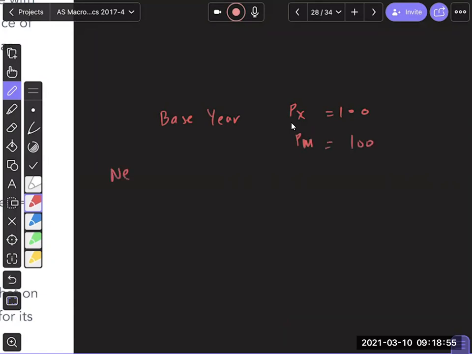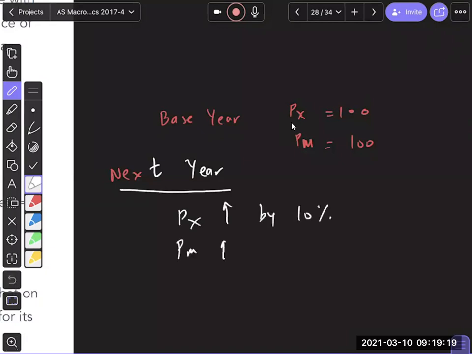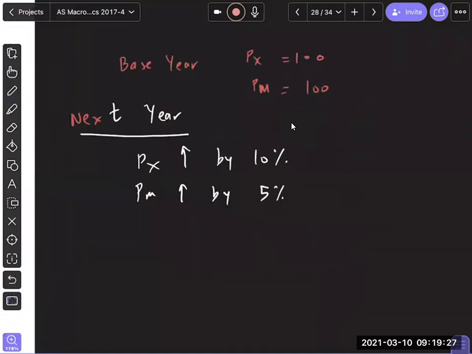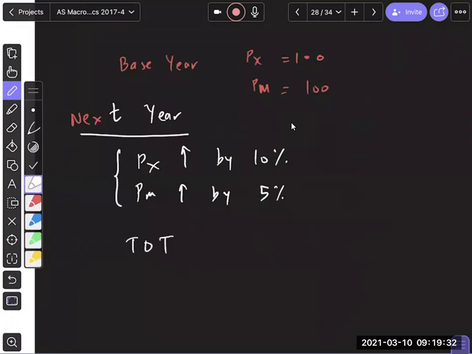Let's say next year, export prices go up by 10% and import prices go up by 5%. If next year export prices go up by 10% and import prices go up by 5%, what will happen to our terms of trade? Our terms of trade will now be what?